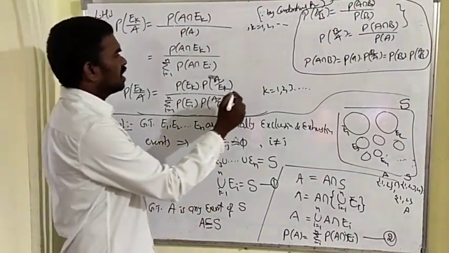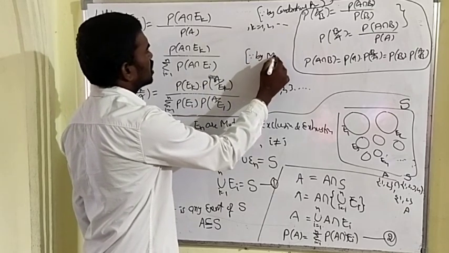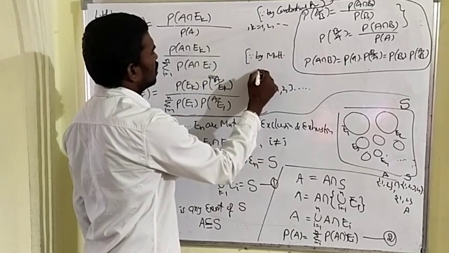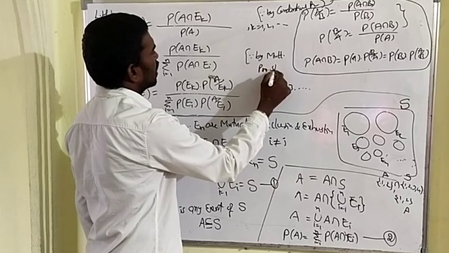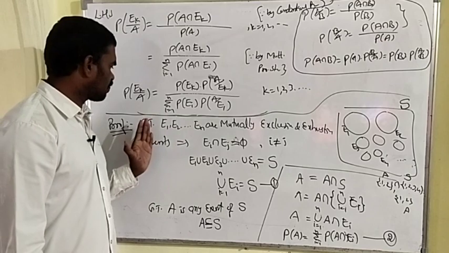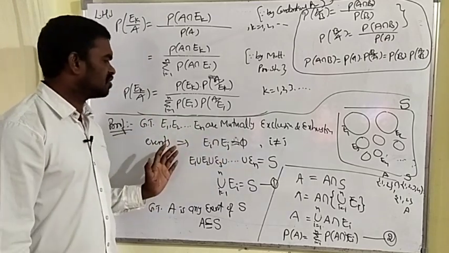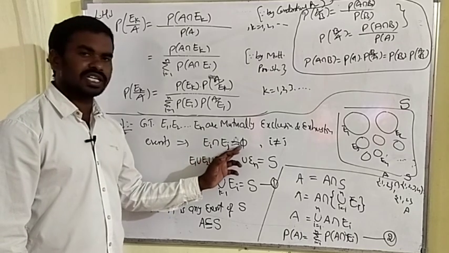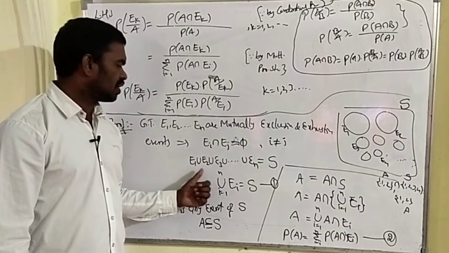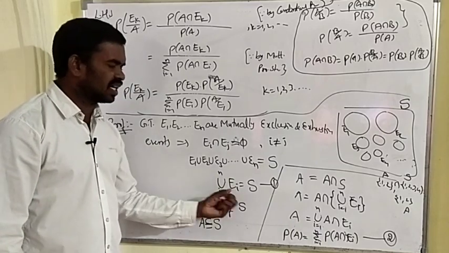Here, by the multiplication probability theorem. Is it clear? First, write down the given information: E1 to En are mutually exclusive and exhaustive. That means Ei intersection Ej is equal to empty, and the union of E1, E2, and so on equals S. According to this, simply we can write this.